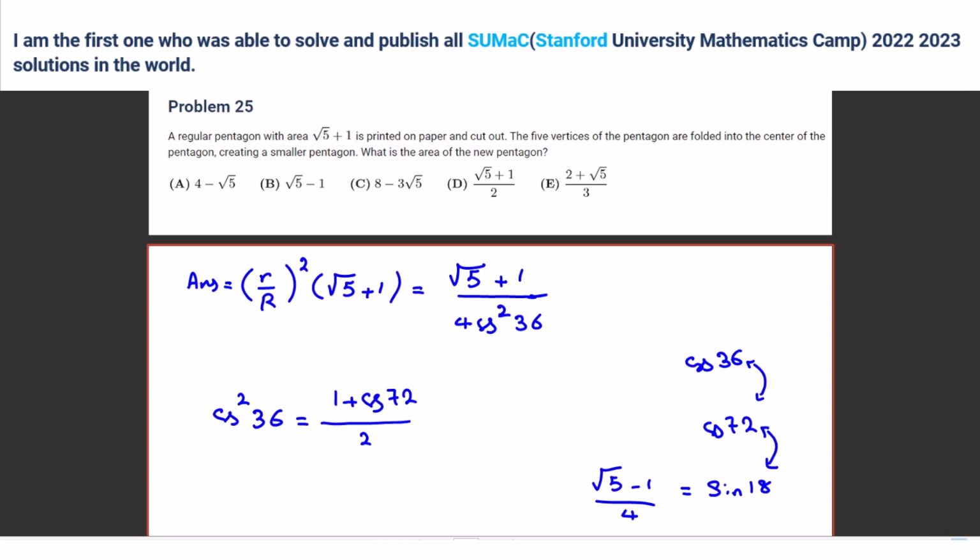I made a calculation error somewhere. Okay, let's try it. You know sine 18 is this, so it is equal to cosine 72, right? Agreed. So if you simplify it, the denominator is 8, the numerator is what? What's the relation between cosine 36 and cosine 72?